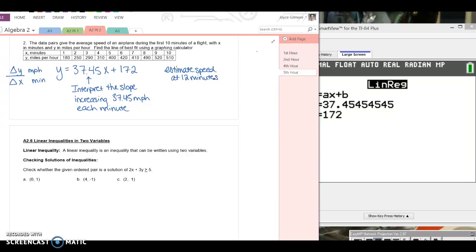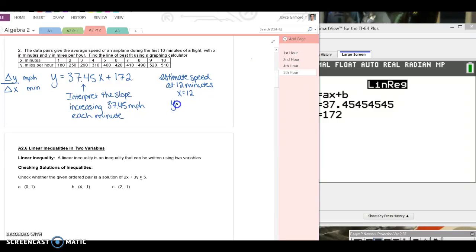X represents minutes, so we're using x equals 12. Plug that 12 into your equation. They're simply asking you, use this equation for another x value.